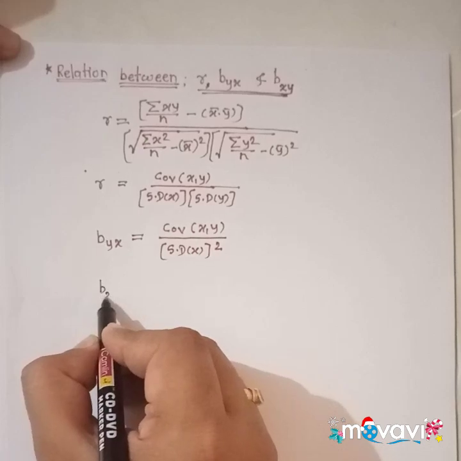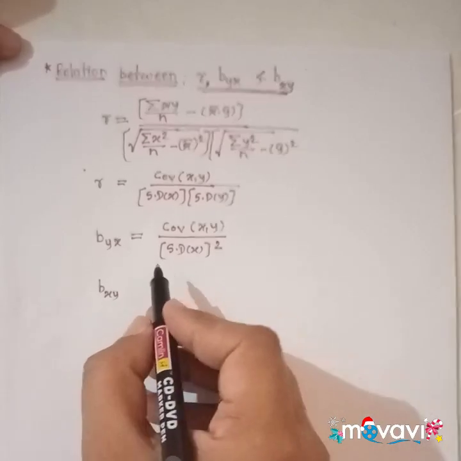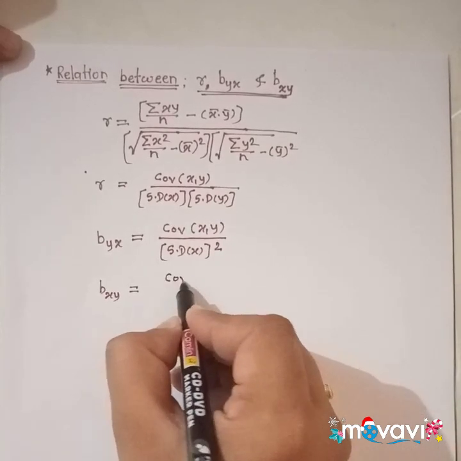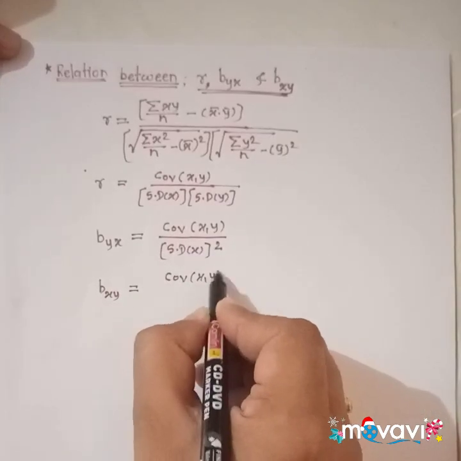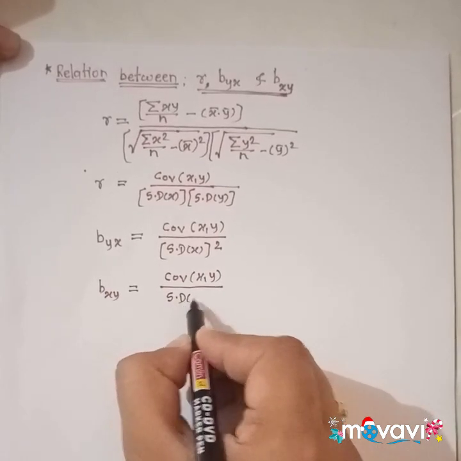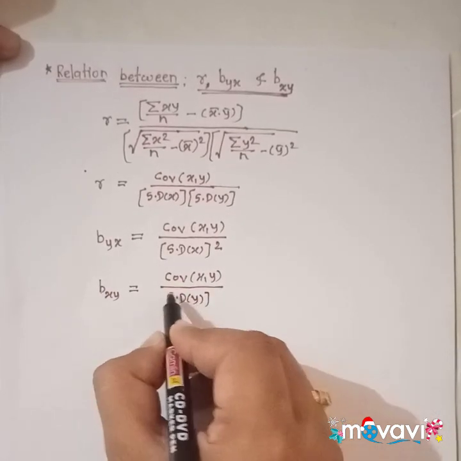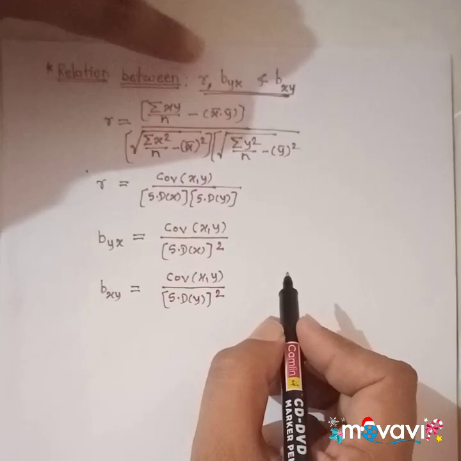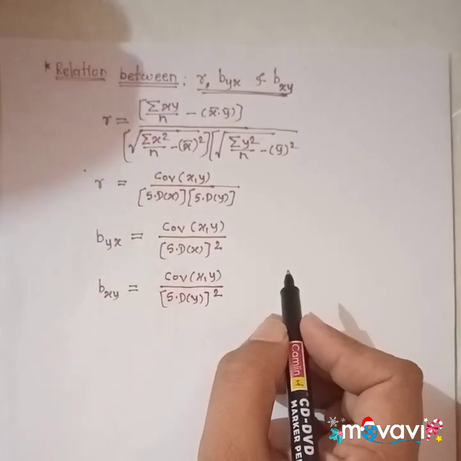Then formula to find regression coefficient Bxy is covariance of xy upon standard deviation of y bracket square. So we have to find relation between r, Byx and Bxy.